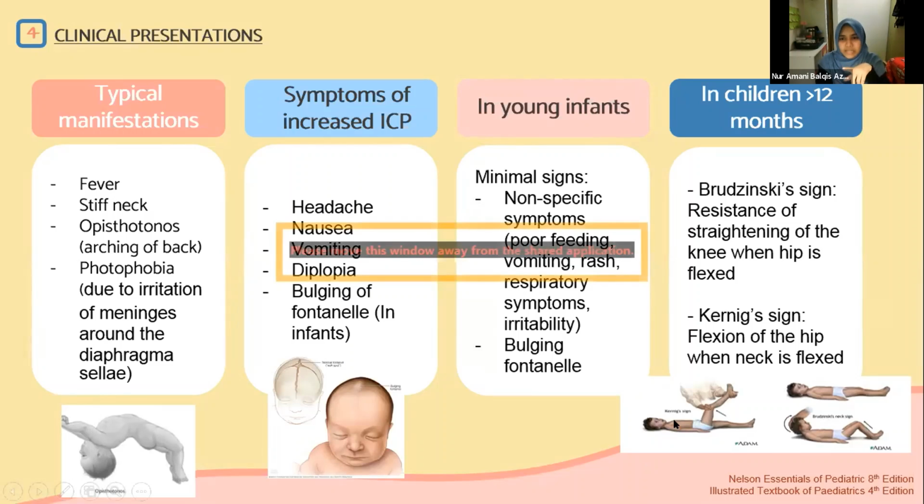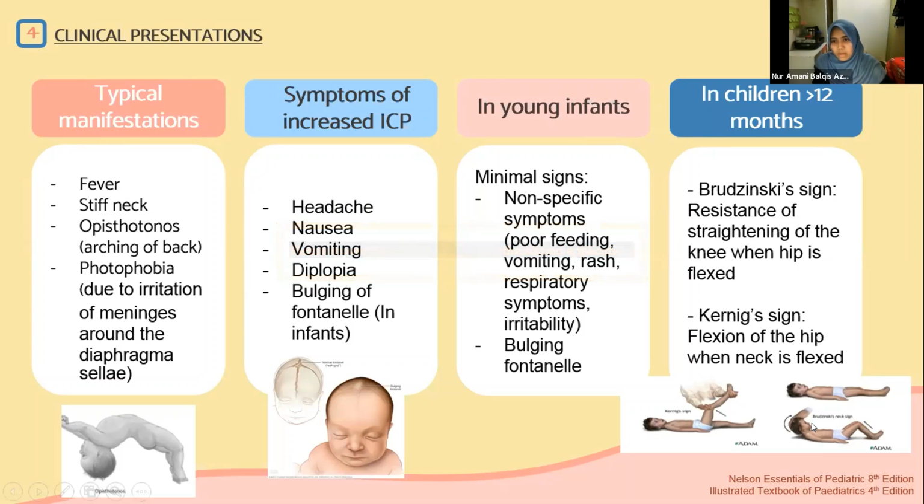Okay, so this is Kernig sign. Kernig sign is when we try to straighten the knee, and there is a resistance, the child cannot straighten the knee. And then this is Brudzinski sign. Brudzinski sign is positive if we notice that there is a flexion of the hip when the neck is flexed.